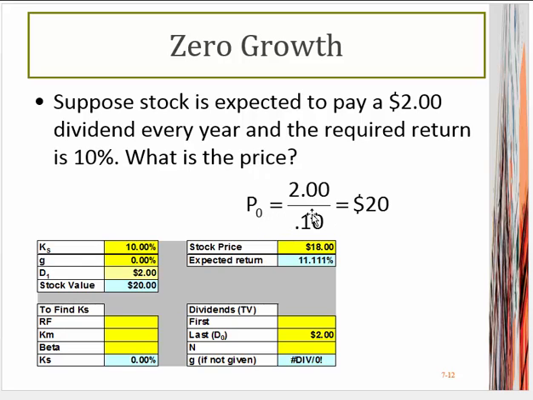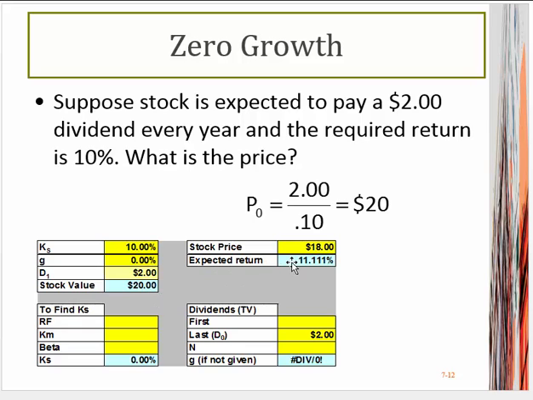The $2 dividend in the future is $2 today, because it has a zero growth rate in the dividend. 10% is the required return, or the K sub S, or the R sub S. So this stock has a value of $20.